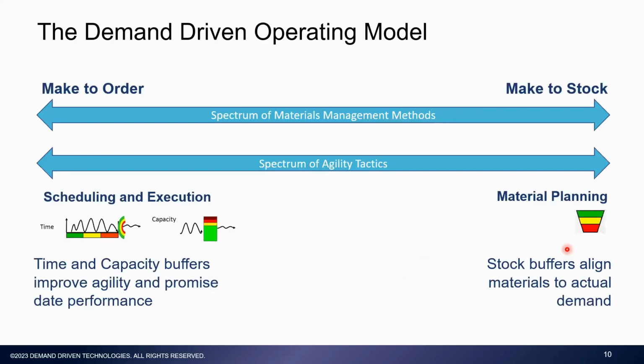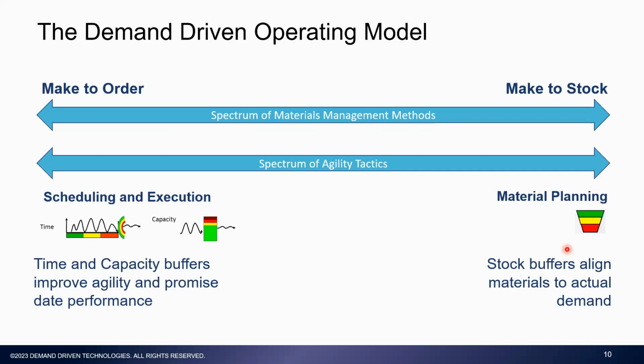Now, all of this is going to depend a lot on where you are on this horizon. Companies in the heavy make to stock arena are going to utilize more of the material planning oriented tactics to build their agility and resilience. Others on the left side of this graphic will have more of a make to order focus.